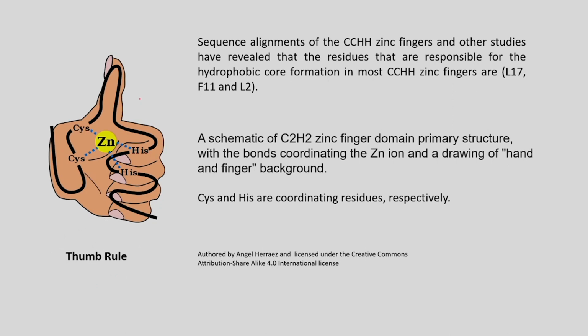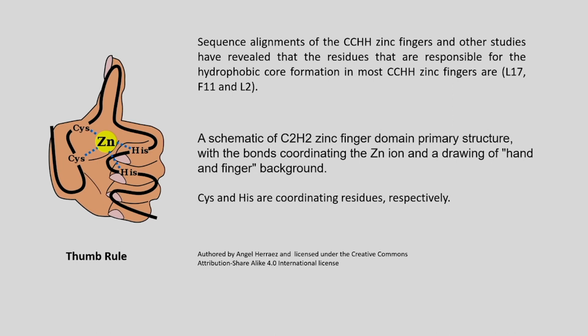If you put your wrist in this orientation with the thumb up, then on this side you have the 2 cysteine residues, and on these 2 fingers you have the histidine residues, and in your palm below the thumb you have the zinc molecule, and this is how they bind and stabilize the ZF structure.